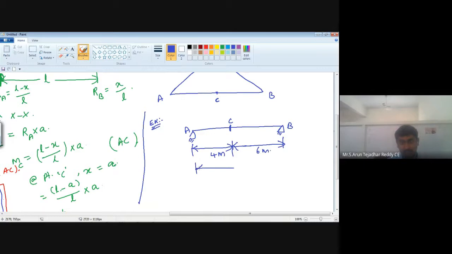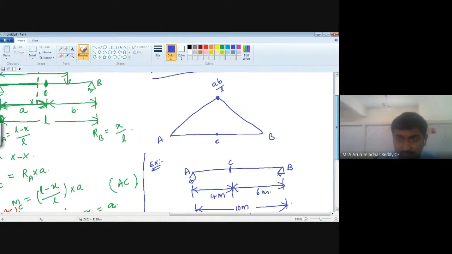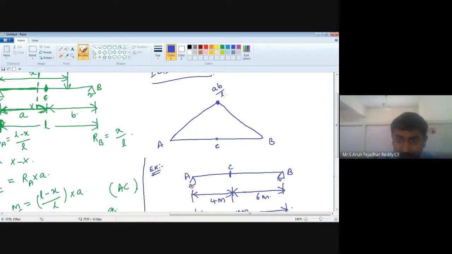The whole span is 10 meter, 4 plus 6 is 10 meter. Now my question is to find out the moment at C. This is my question.